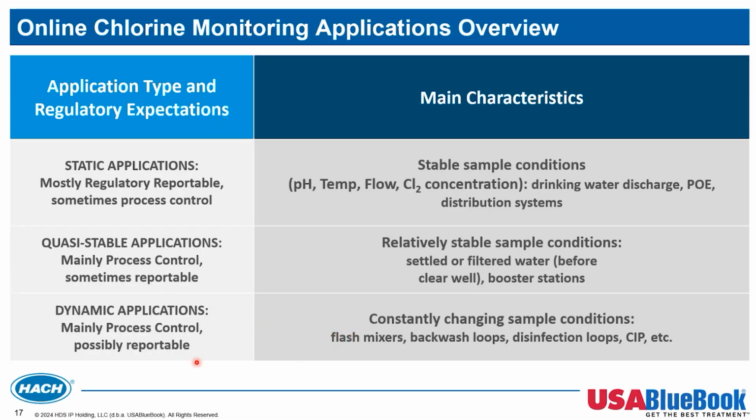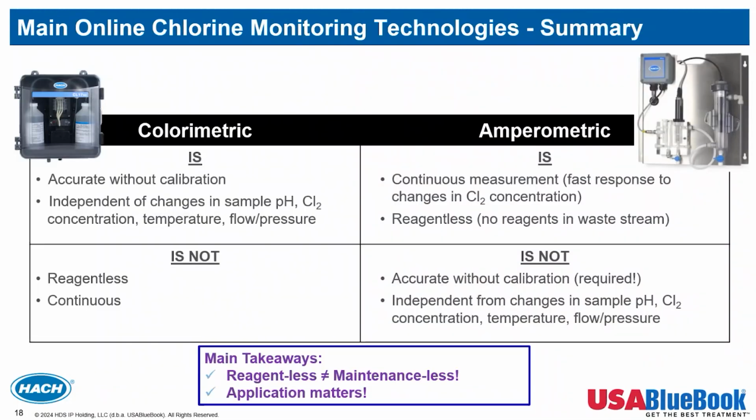Those applications are not usually reportable, but important for the process control. And from the process control standpoint, we already discussed that initial fast response may not necessarily be driving the right process control.